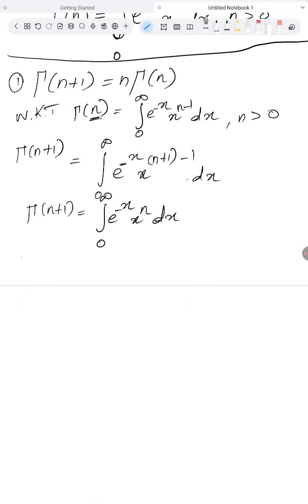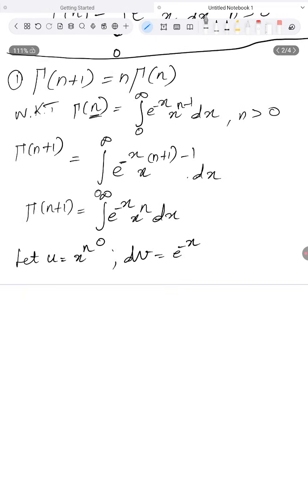Consider u to be x power n and dv is equal to e power minus x. So du is equal to n x power n minus 1 into dx, and v is equal to minus e power minus x.